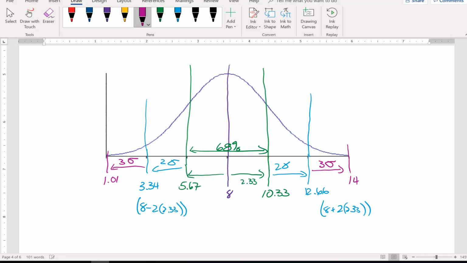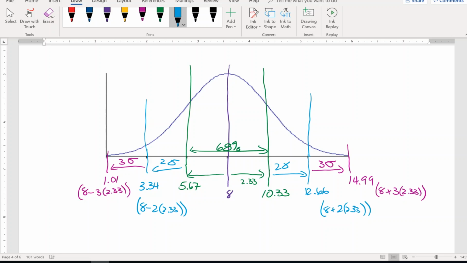And this would be about 14.99, or we could round that probably to 15. And this again is 8 plus 3 times our standard deviation. This one was 8 minus 3 times our standard deviation.